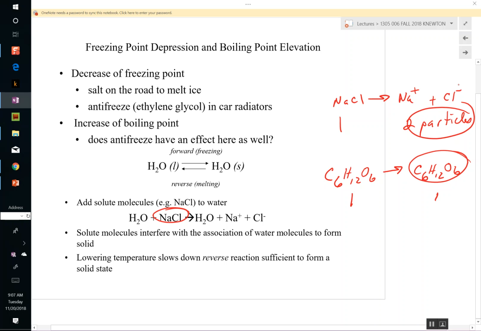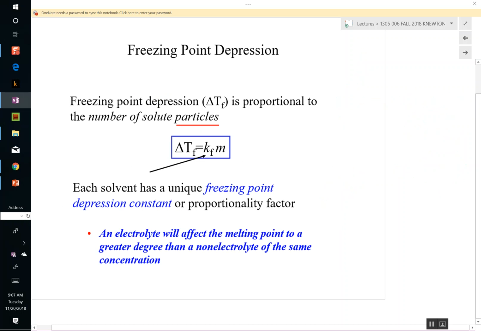So, yeah, it's cheaper to put sodium chloride on the roads than sugar, right? And so keep aware that ionic substances have a bigger effect on osmotic properties. So here's freezing point depression. There is an equation.